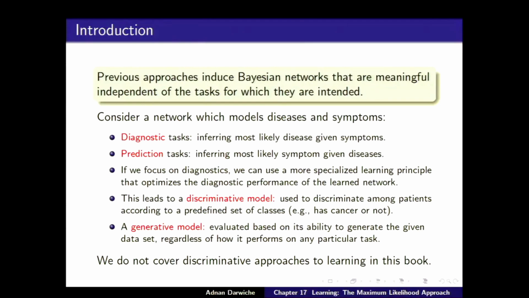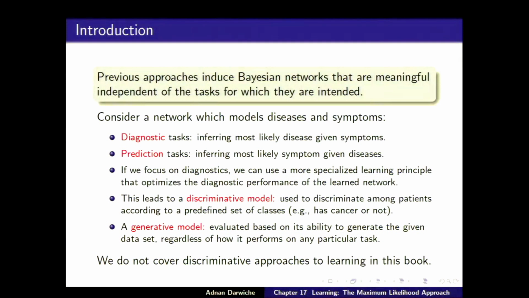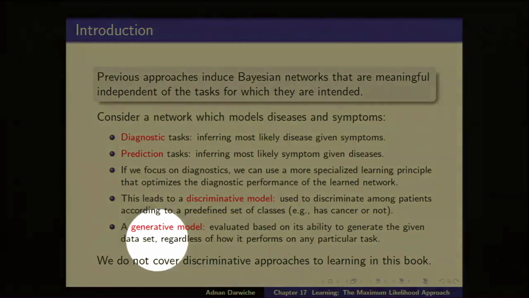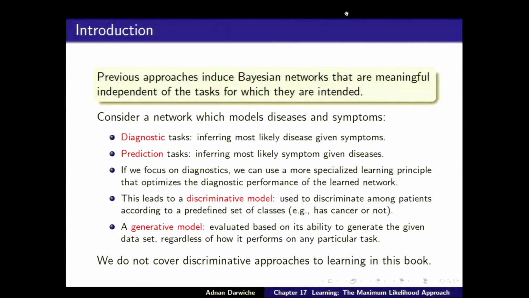This is in contrast to what people call generative learning, where I want to do the learning independently of how I'm going to use the model. If you're not fixing how you're going to use the model and you're not trying to optimize a certain error rate, then we fall back on basically the principle that we mentioned, that is, you try to learn the model that best explains the data set, that maximizes its probability.